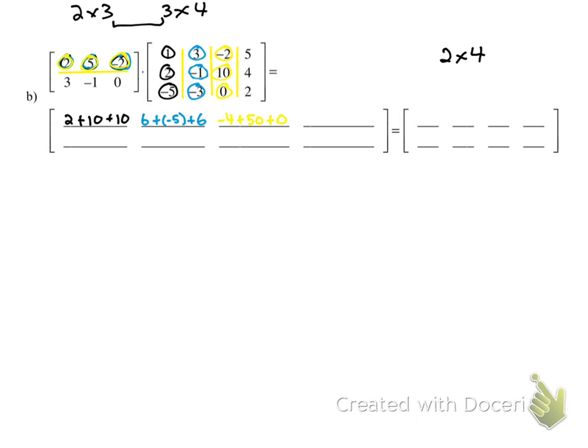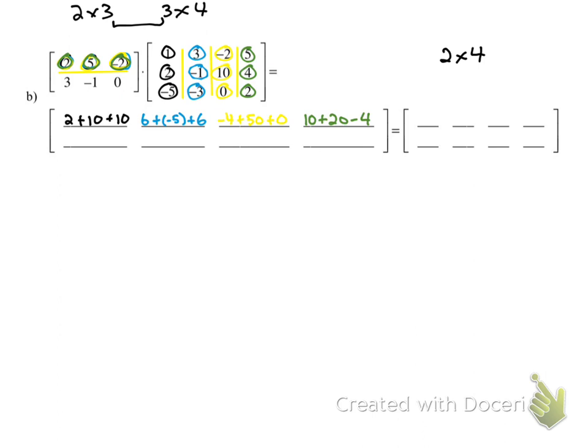Last, I'm going to do 2 times 5 is 10, plus 5 times 4 is 20, plus -2 times 2 is -4. Okay? All right.